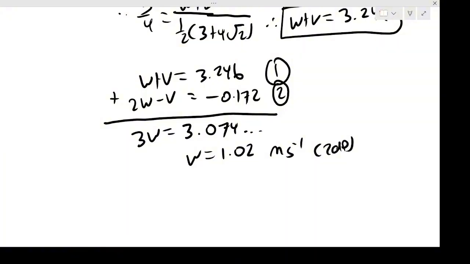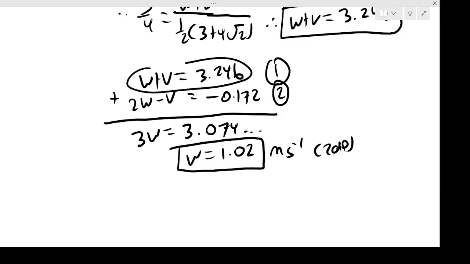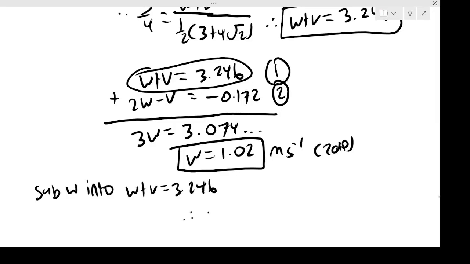Okay, that's my speed W there. Then to find V, I'm going to substitute W back into one of the equations. Let's say I do it into that one. So sub W into W plus V is 3.246. Therefore, 1.02 and V is 3.246.